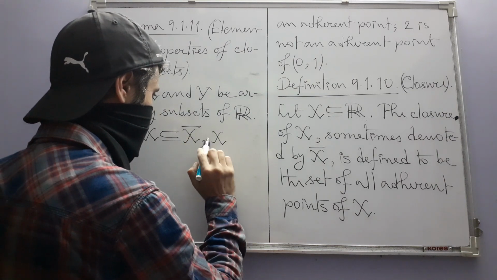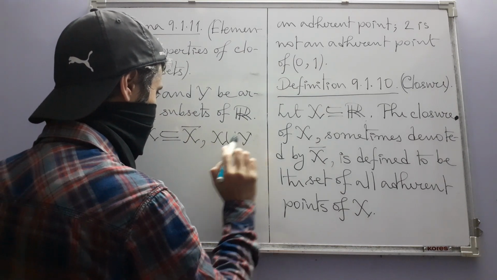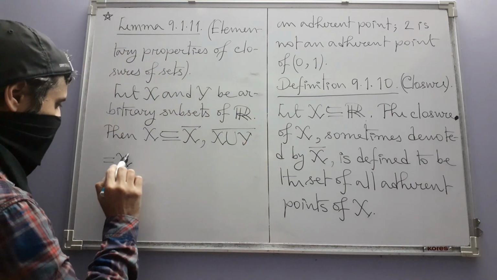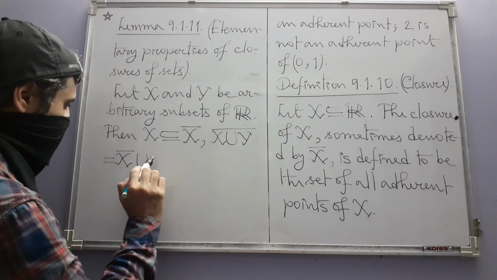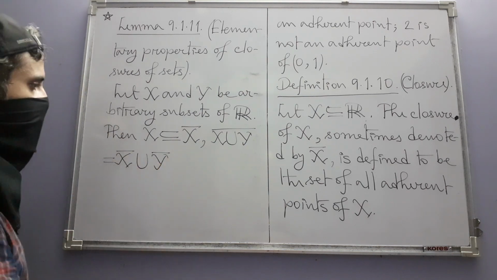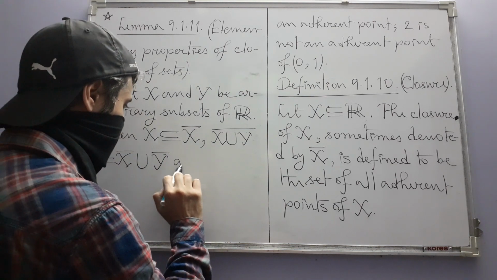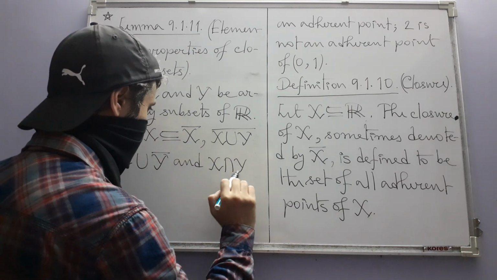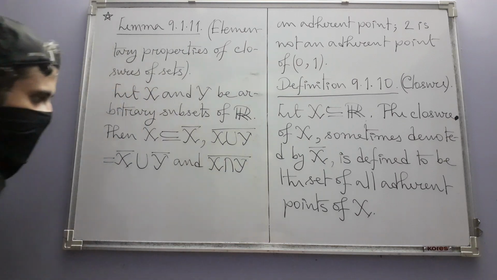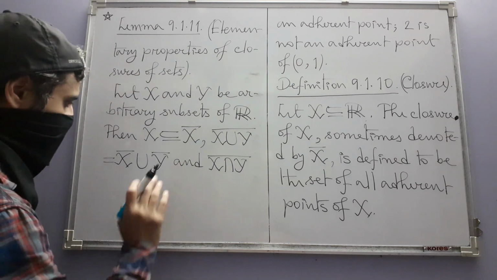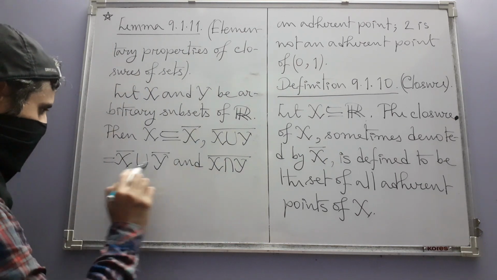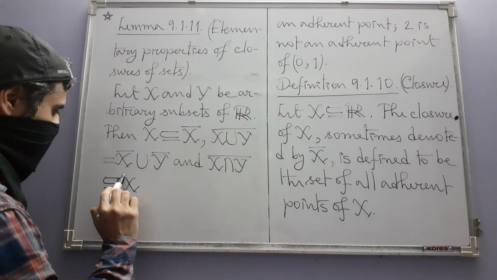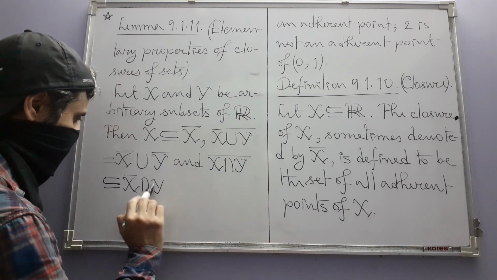Next, the closure of the union of X and Y equals the union of their closures, and the closure of the intersection of X and Y, this however is not equal to that other thing, but is contained in the intersection of the closures of X and Y.